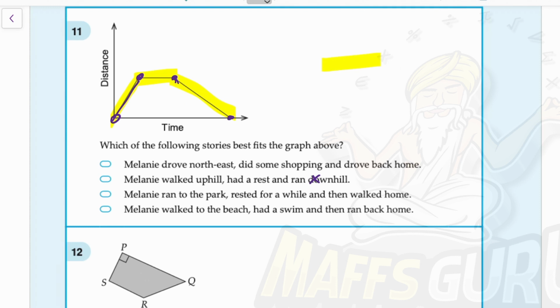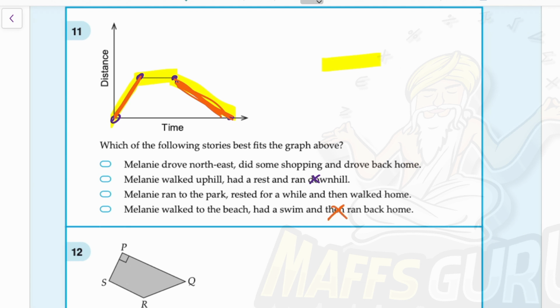Now, effectively, if we look at this line here, that means she's gone up at one speed, but she's come down slower. So the measure of gradient is quite important. Melanie ran to the park, rested for a while, and then walked home. That's possible because she's done something quite quickly, and she's come back slowly. Melanie walked to the beach, had a swim, and then ran back home.